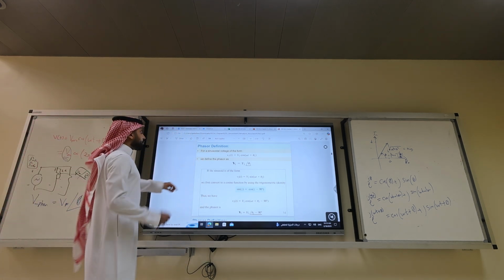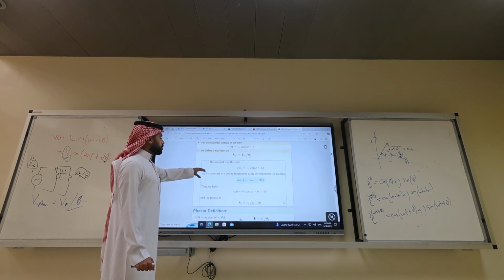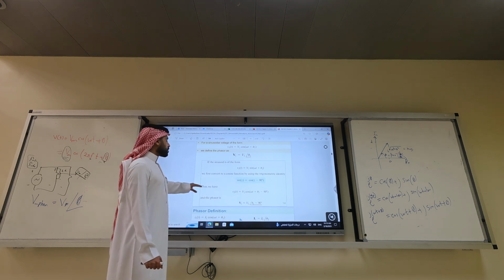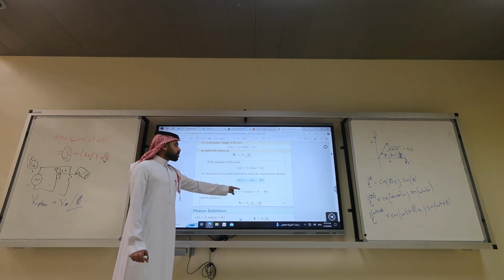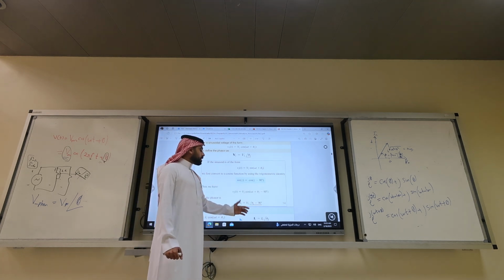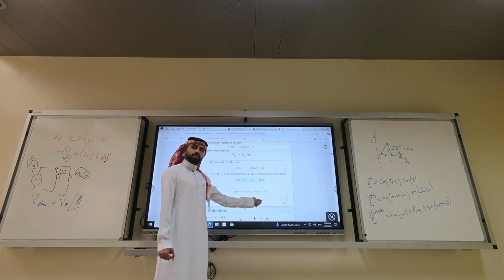In a sinusoid of that form, we have v2 equals V2 sine. I already explained how to convert from sine to cosine. So this can be rewritten as cosine of omega t plus theta 2 minus 90. If you convert, then V2, which is the sine, is actually V2 at angle theta 2 minus 90 degrees.